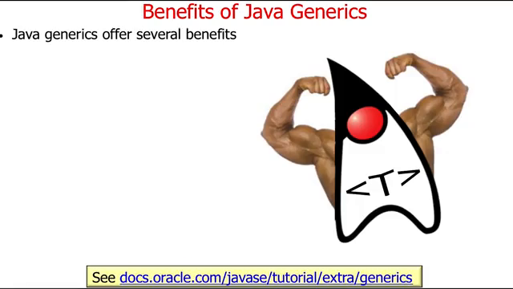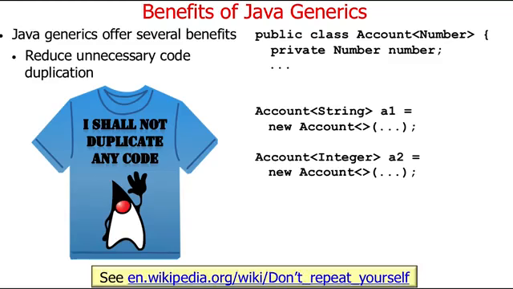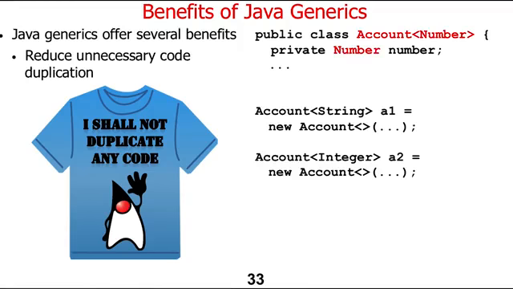Generics offer several benefits to Java programmers. First, they eliminate the duplication of code, adhering to the don't repeat yourself principle, which states that every piece of knowledge must have a single, unambiguous, authoritative representation within a system. For example, rather than having to maintain multiple implementations of the account class with different representations of the account number field, we could instead have a single, generic account class that's parameterized by the type of account number, such as string or integer.